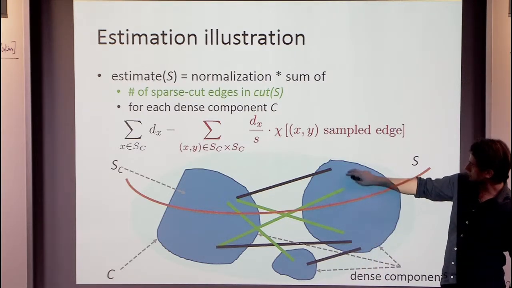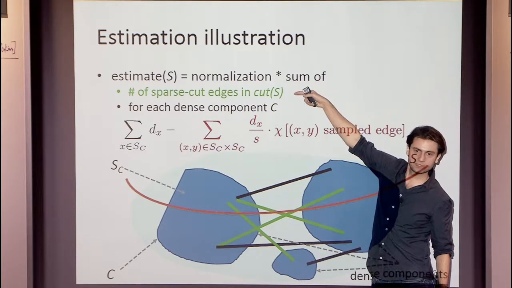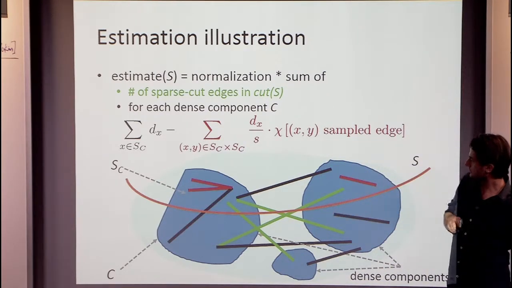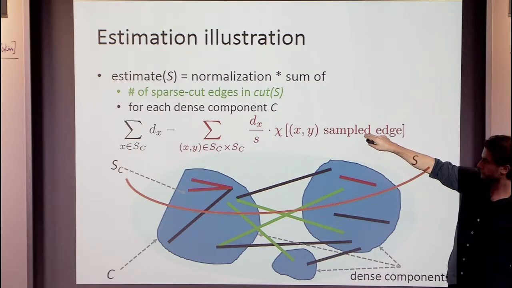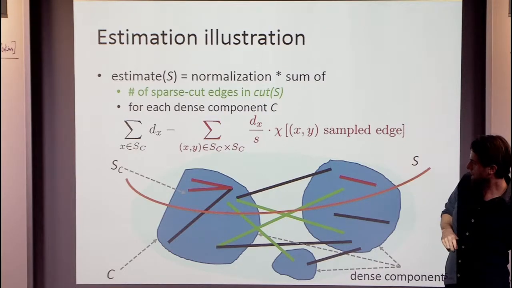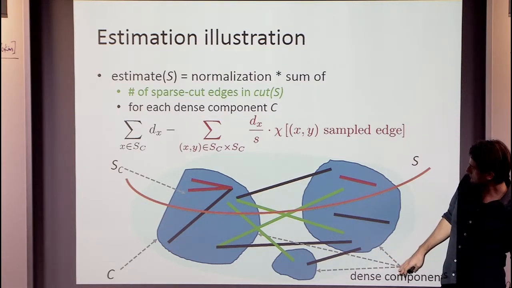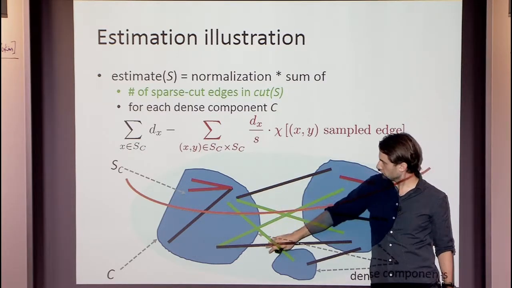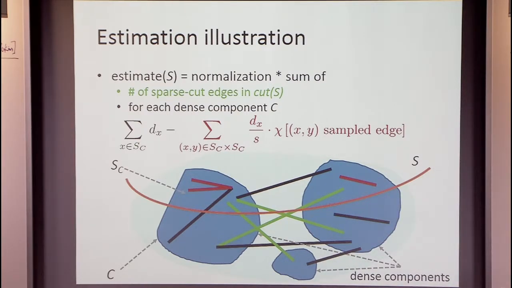The green edges are the edges that participate in this term. The black edges don't participate in this sum, and the red edges participate in this sum. Remember that the structure remembers the edges across the sparse cuts as well as a sample of edges from each node.